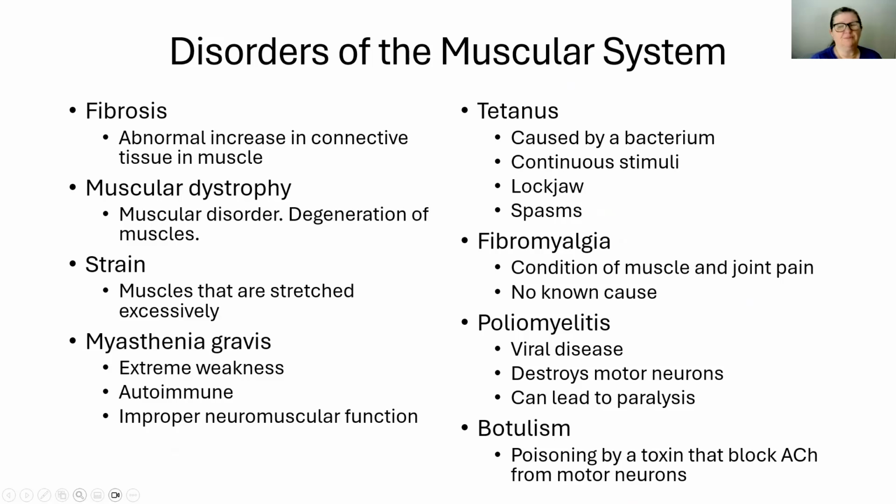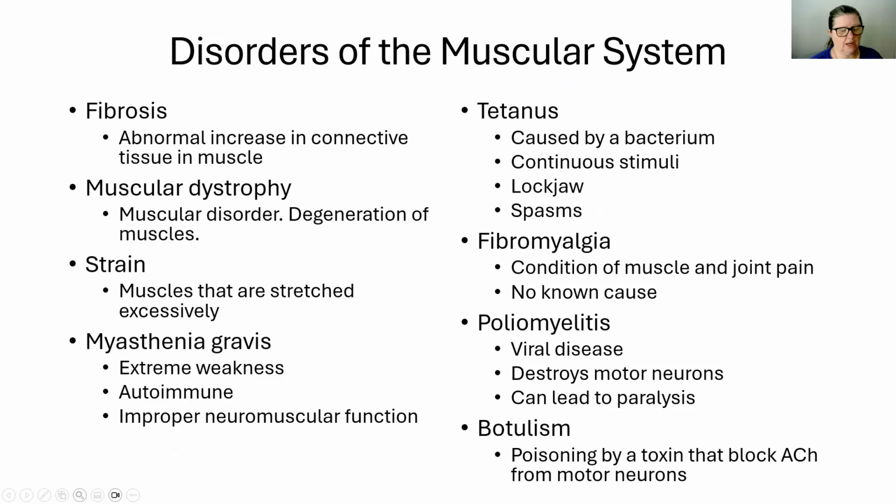Poliomyelitis is polio. Most people know it just as polio, which is caused by a virus. So it is a viral disease that destroys motor neurons and can also lead to paralysis. We've had a polio vaccine, at least in this country, for many, many decades.